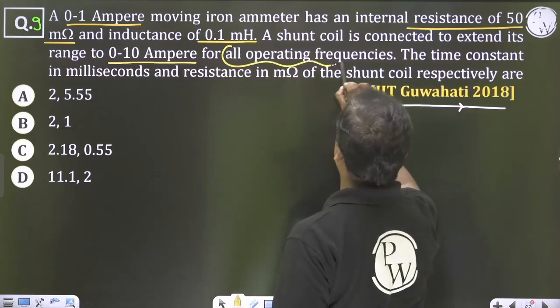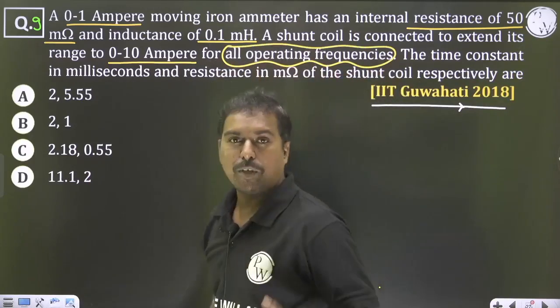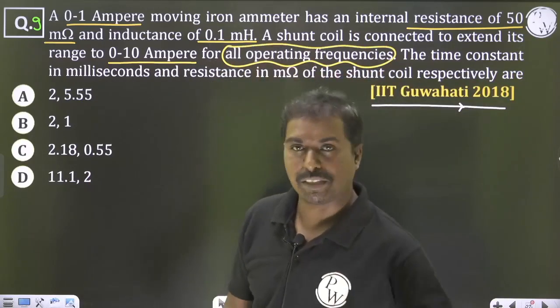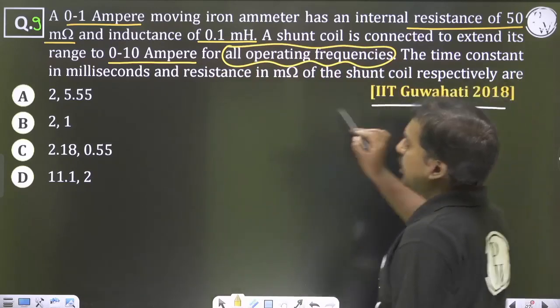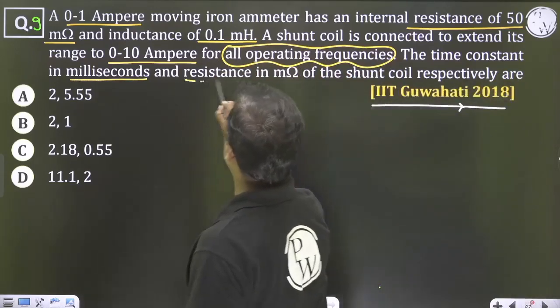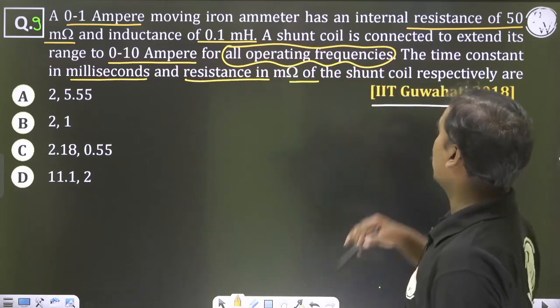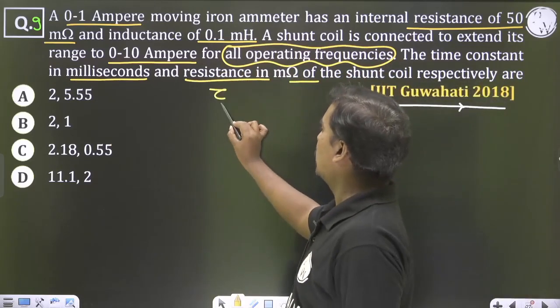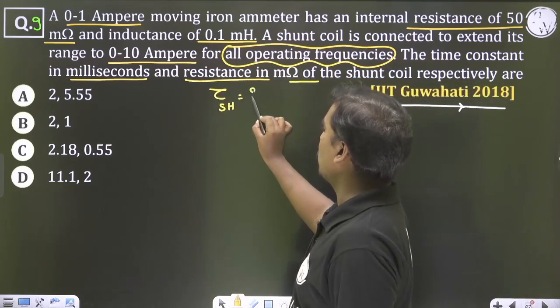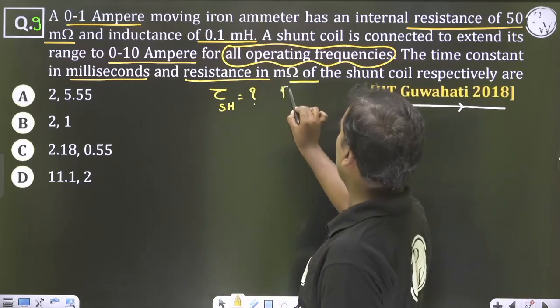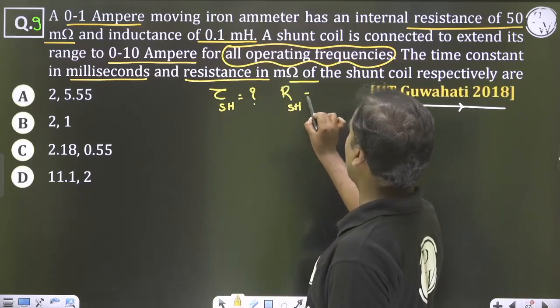This is important: for all operating frequencies means the moving iron is independent of frequency. The time constant in milliseconds and resistance in milliohms is asked for the shunt coil. That means it asks the shunt coil's time constant and the resistance of the shunt coil.